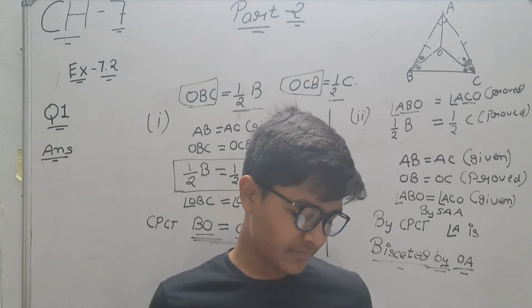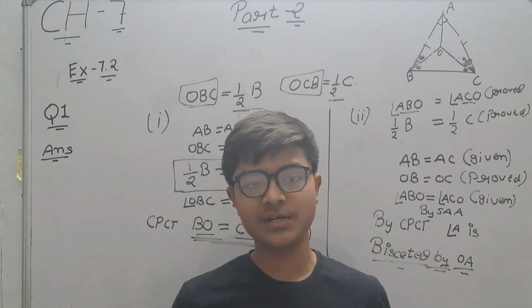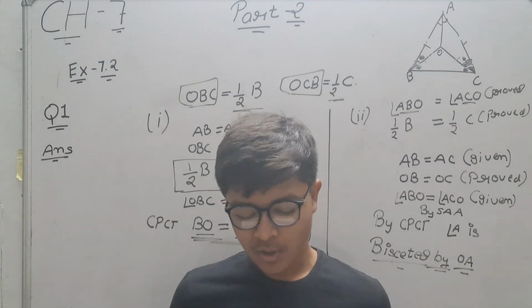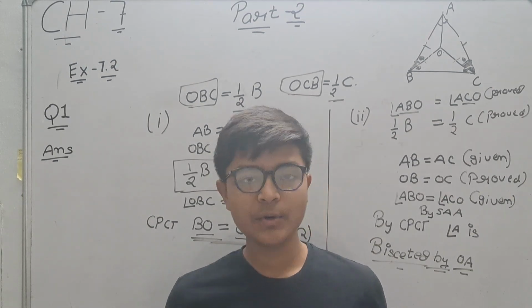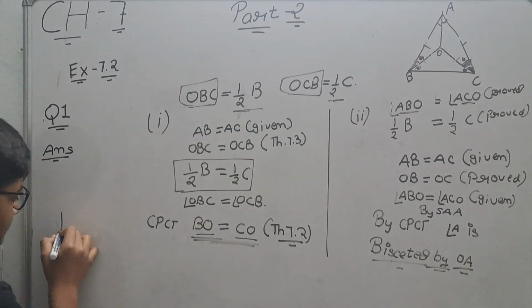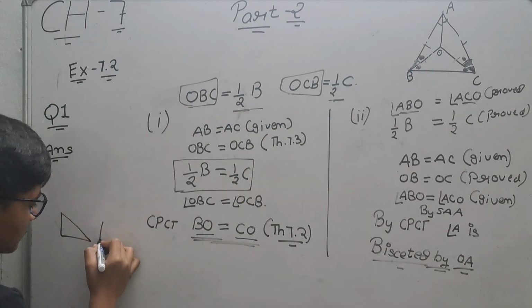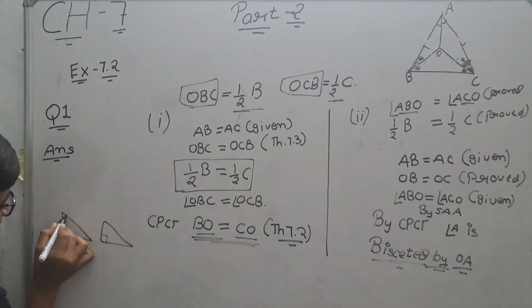Now theorem 7.4. If three sides are equal to those of another triangle, it will be congruent. Now third, two right angle triangles: this is a right angle triangle, this is a right angle triangle, and this is called the hypotenuse.